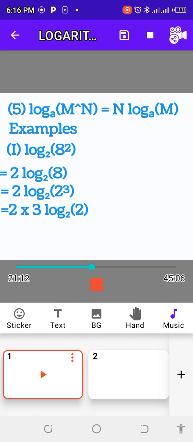And log 2 base 2 is equal to 1. So it becomes 2 times 3 times 1, which is equal to what? 6.